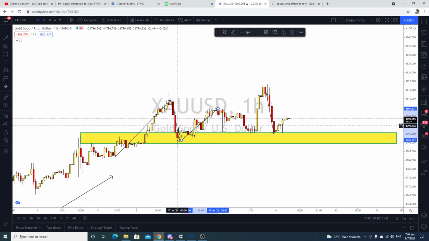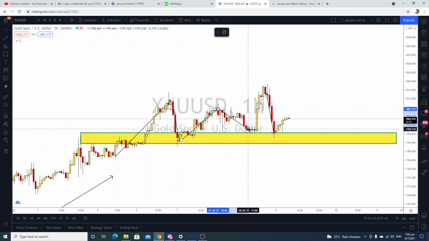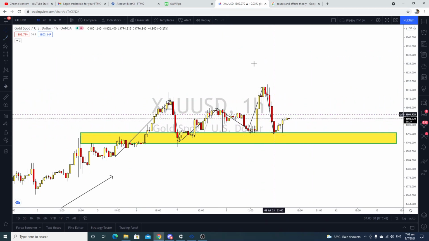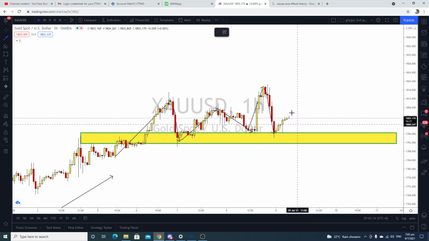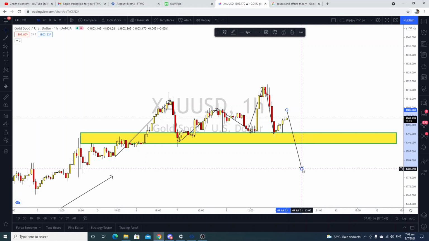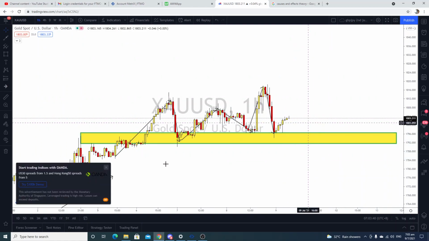So this is a counter trend. Trending move, counter trend, trending move, counter trend, trending move. And what is this? This is still counter trend until it becomes a trending move, but you're just looking at 1 hour.